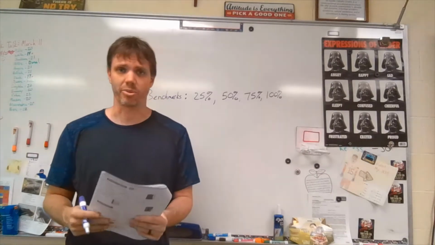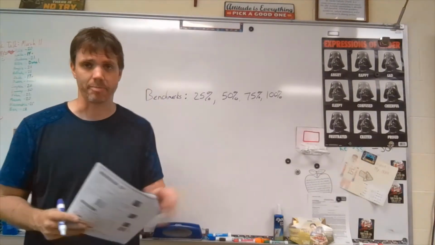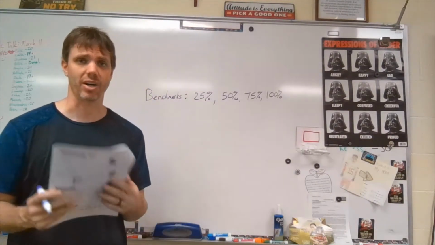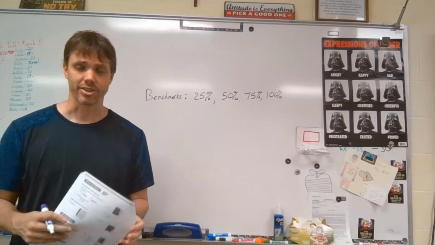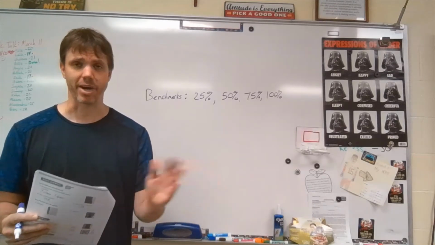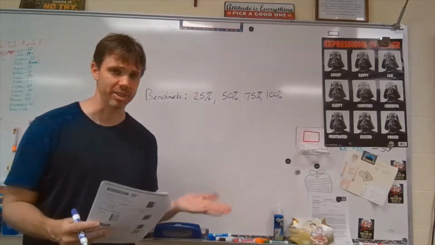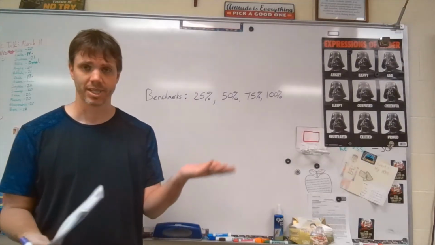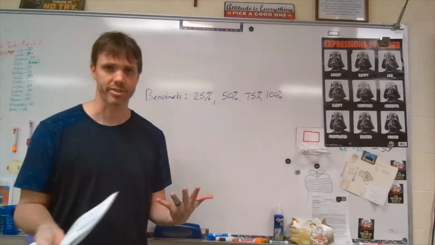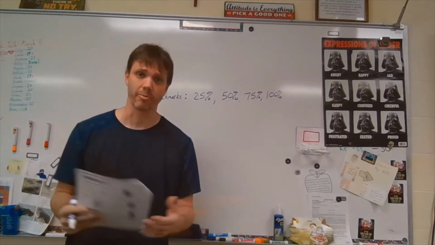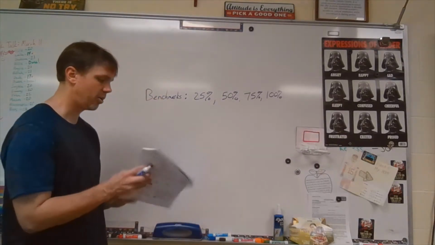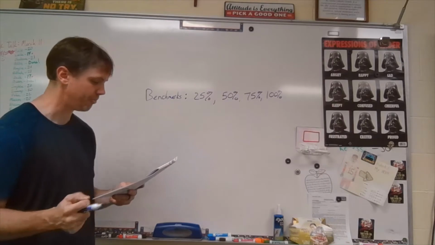They're not very clear in the book. Just do benchmarks, and then next year and in years after, just ask your teacher, hey, it says about, do you want benchmarks, or do you want me to just round it to the nearest whole number, or nearest 10% or whatever. So yeah, let's talk number 1.